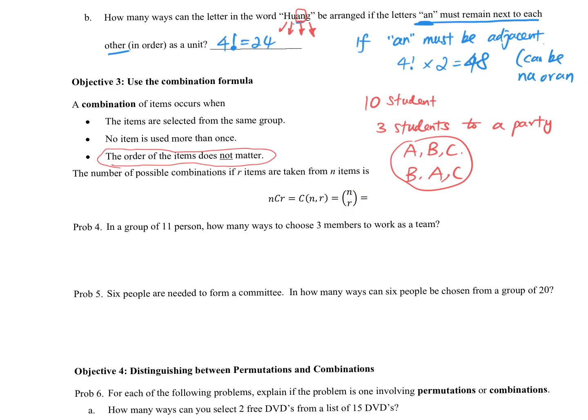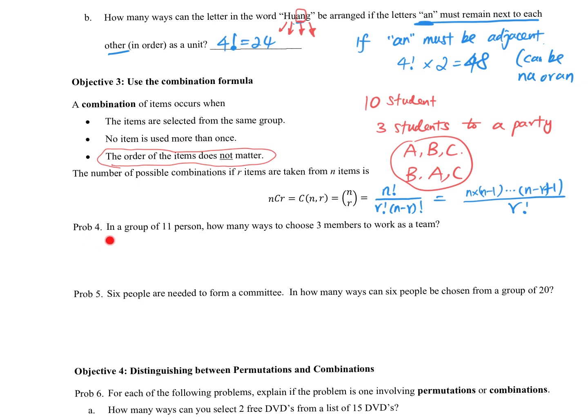If you remember, there are two versions. One is n factorial divided by r factorial times n minus r factorial. The second one is n times n minus 1 times ... times n minus r plus 1, divided by r factorial. So two versions.